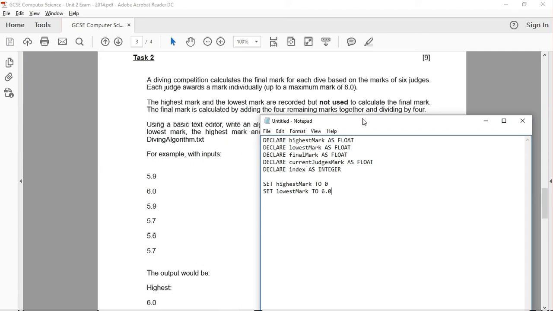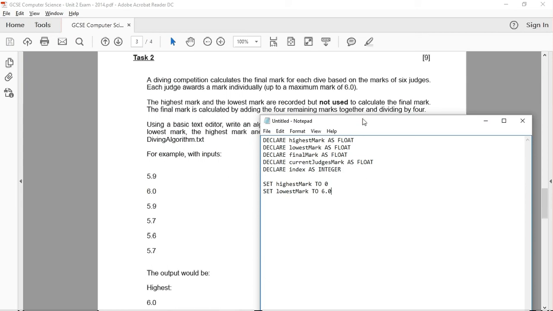If I set the lowest mark to 0 and the lowest judge's mark was 1, this variable would not store the value 1. So you have to invert the values: the highest mark must become 0 and the lowest mark must become 6. Otherwise your calculations will not produce correct answers.